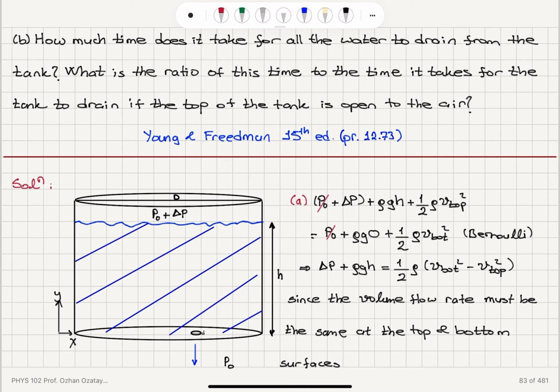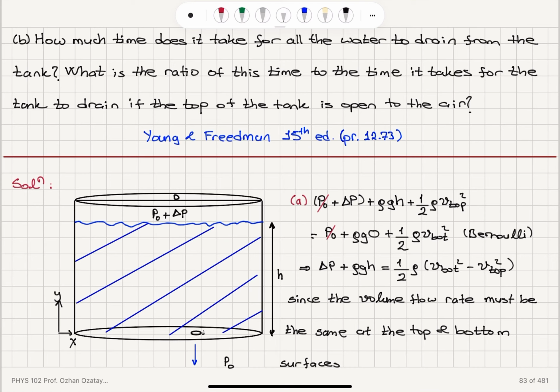Writing Bernoulli's equation, we have the pressure on top, P0 plus delta P, plus rho gh, the potential energy term, plus 1/2 rho v top squared, the speed with which the top surface comes down, equals P0 plus rho g times 0, because that's y equals 0, plus 1/2 rho v bottom squared, the speed with which the water drains. The P0's cancel, and I obtained this equation.